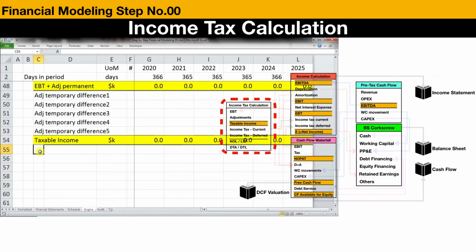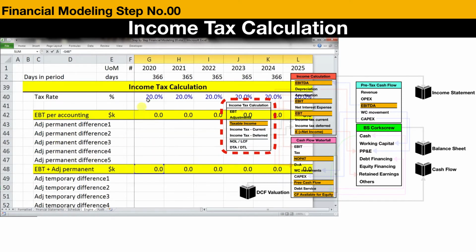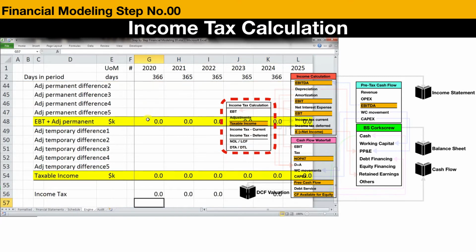Income tax is calculated by taking earnings before tax adjusted for the permanent difference, times the tax rate. Of the income tax, tax payable this year, or income tax current, is calculated as taxable income times the income tax rate.